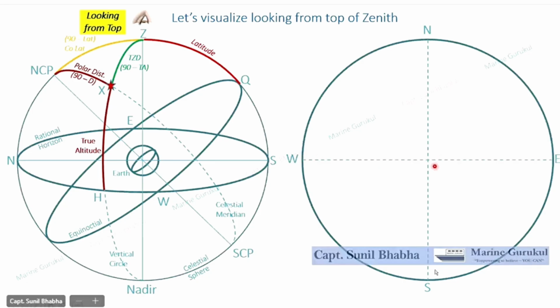So you see, this is the W to E vertical circle line which we visualized in the celestial sphere, and exactly in the center you will have this Z point.